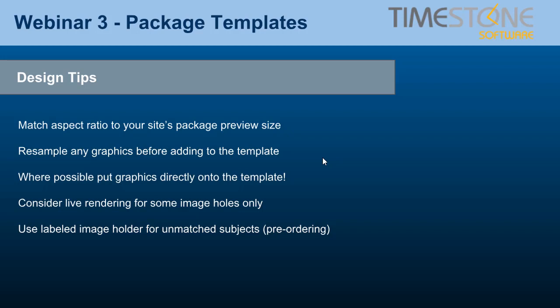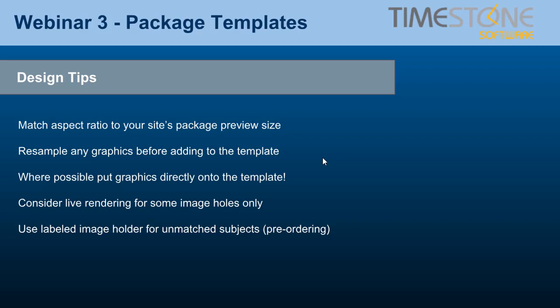And just comparing package templates to normal live rendering, if you're doing heavy graphics things like sports and there's lots of graphics on your printing templates and you're just using live rendering, that will take time on screen to render because they are the actual printing templates. For that reason, package templates are better as well, not just from a design point of view, but from a rendering point of view. Because on your package template, you can have all the same graphics on there, but have them at a lower res so that they render faster online.